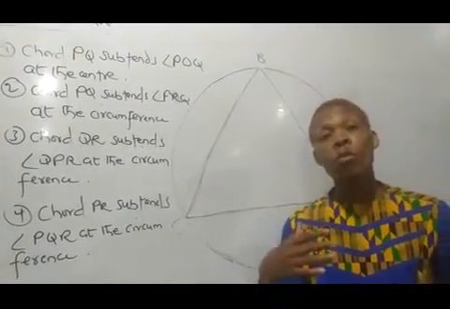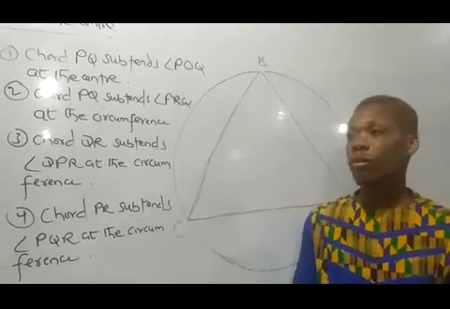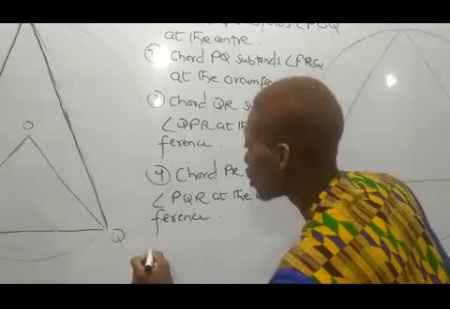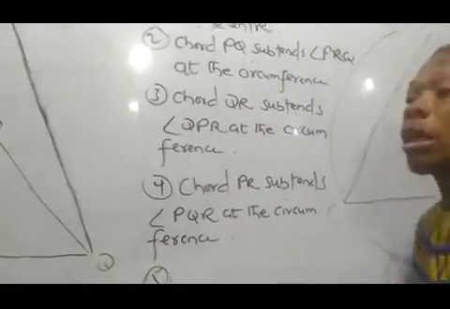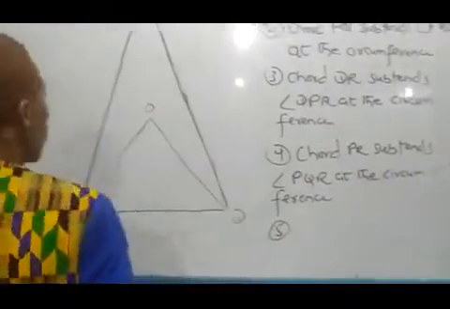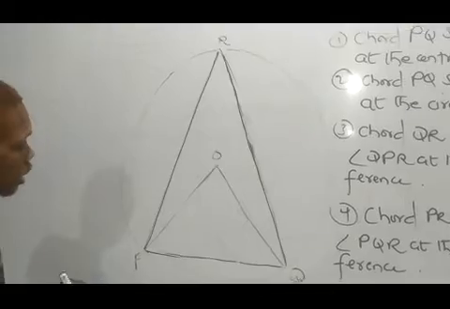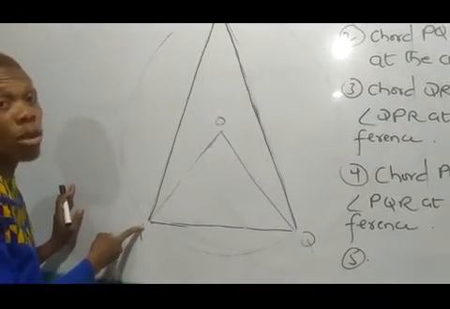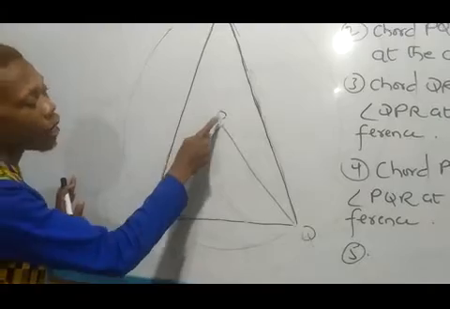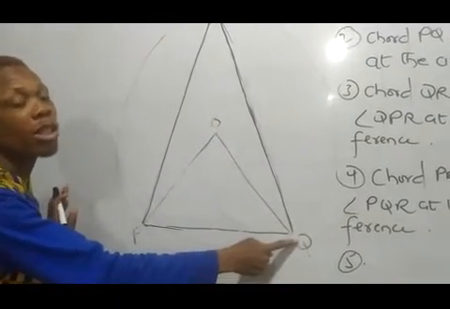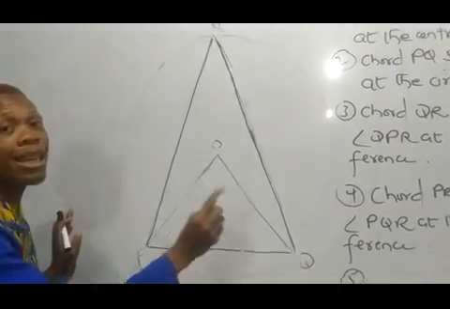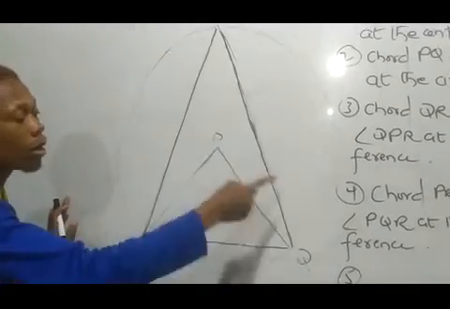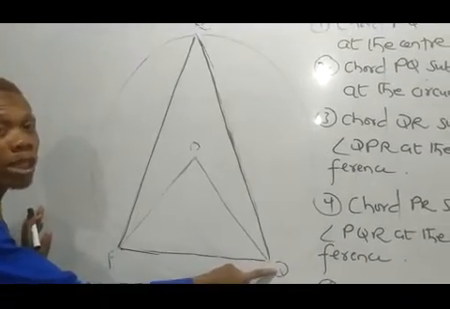Now, we did also make a note from the beginning, which I also like to add to these ones. So let me make that 5. Now, you remember that we also explained that OP here is a radius. OP is a radius, and OQ is also a radius, because the definition for radius states that it is a straight line from the center to any point on the circumference.